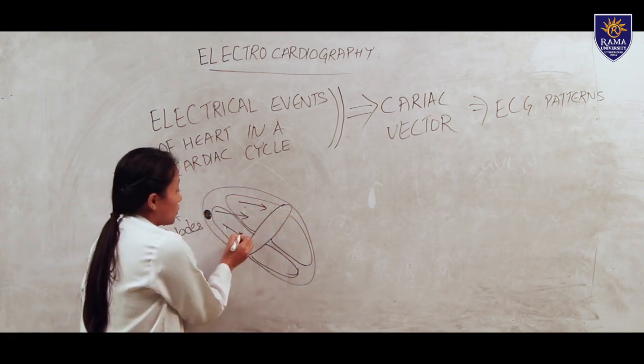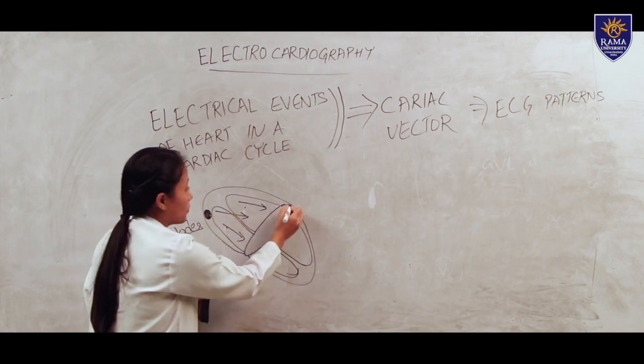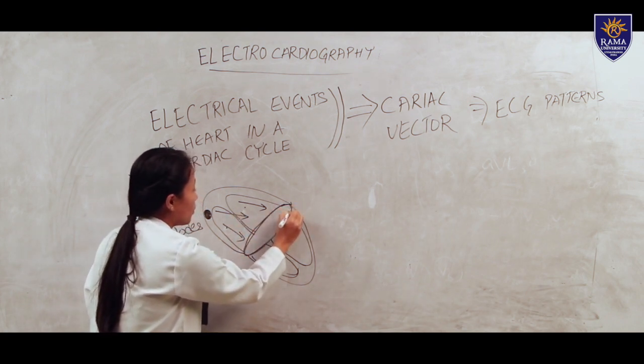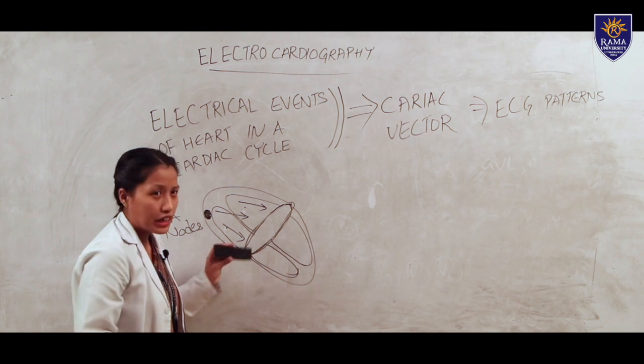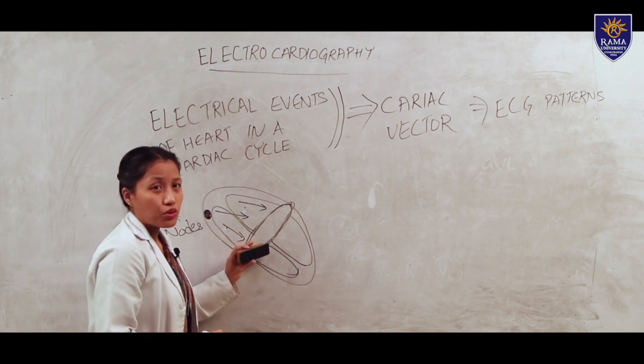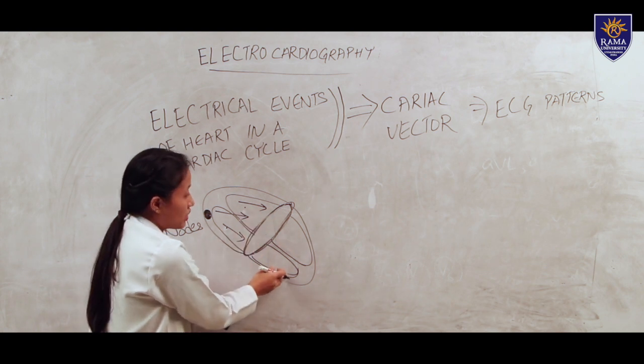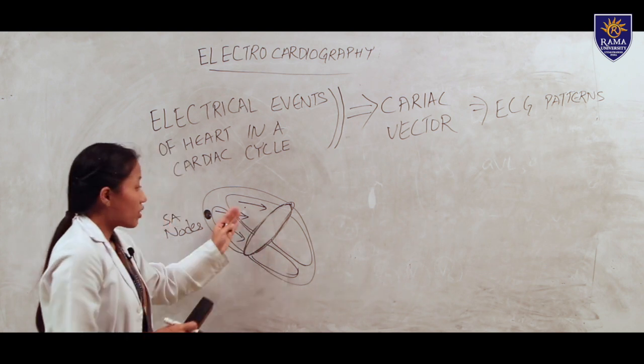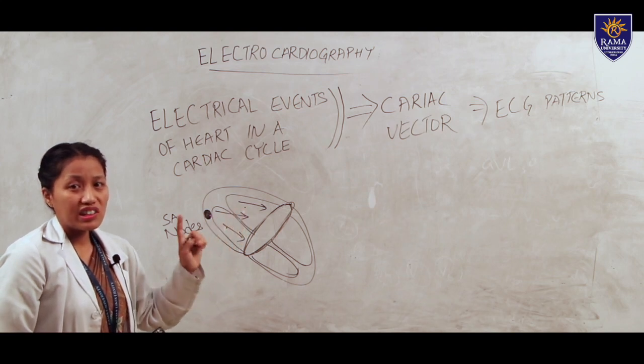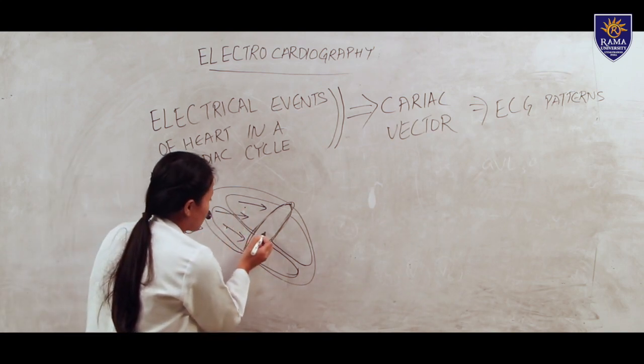But this depolarization hits the fibrous annulus, or fibrous tissue. The fibrous annulus is not a good conductor, so the depolarization cannot pass to the ventricle. So all the depolarization can pass through only a single point, that is the AV node.